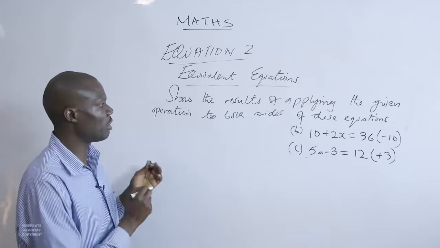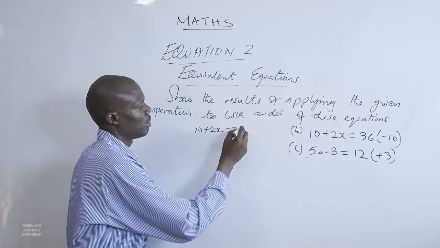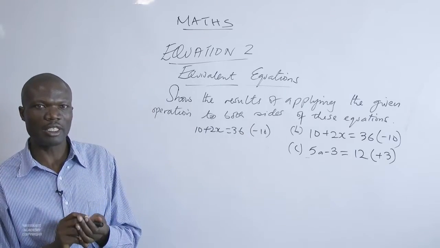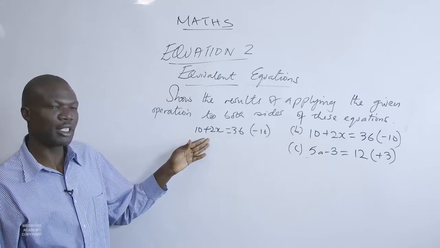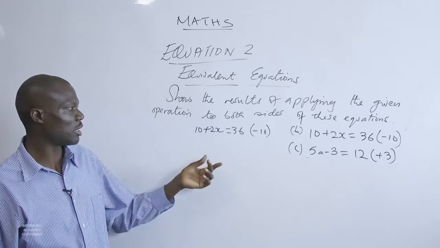The other one we have been asked is to subtract 10 from both sides of the equation 10 plus 2x is equal to 36.